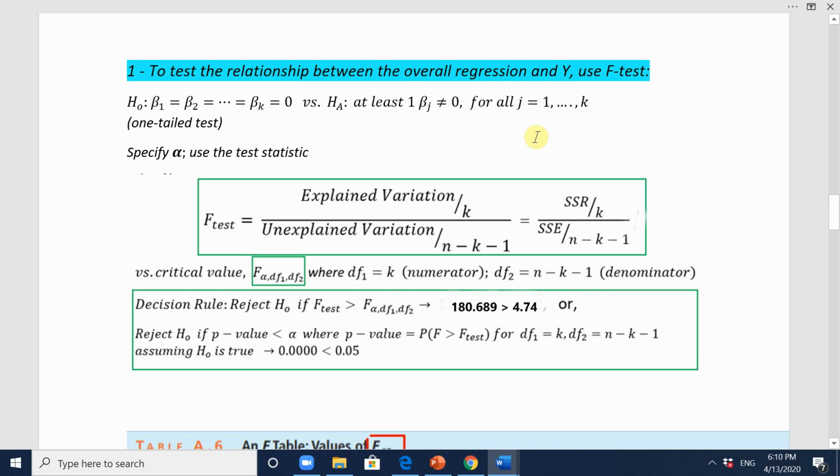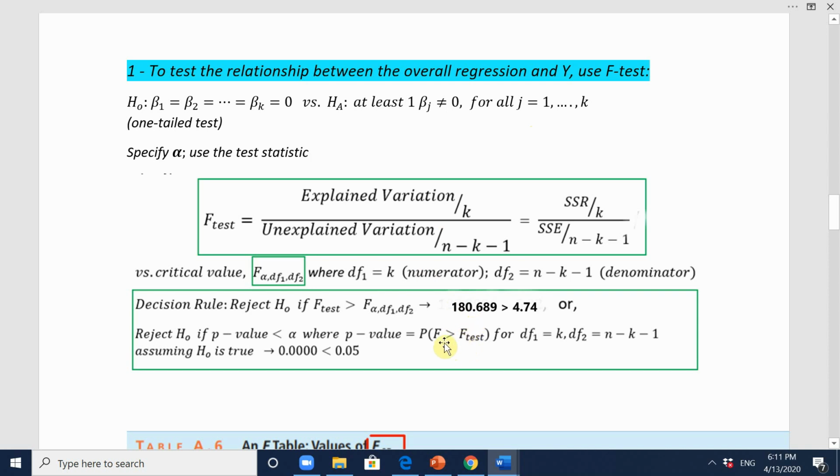Then, if I am to use the p-value approach, which can also be an option, the idea is that you want to find the likelihood of an F point greater than my test statistic F. I found my test statistic to be equal to 180.689.